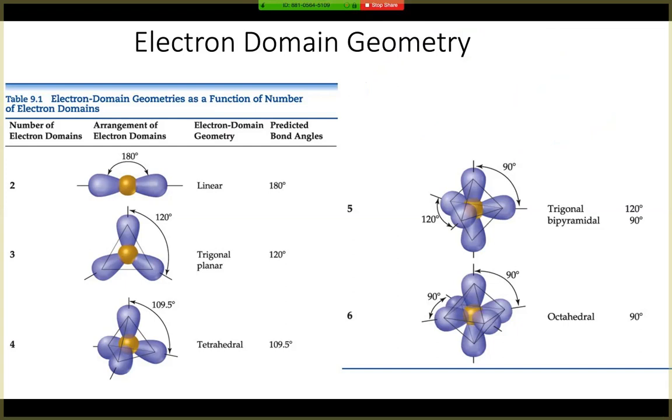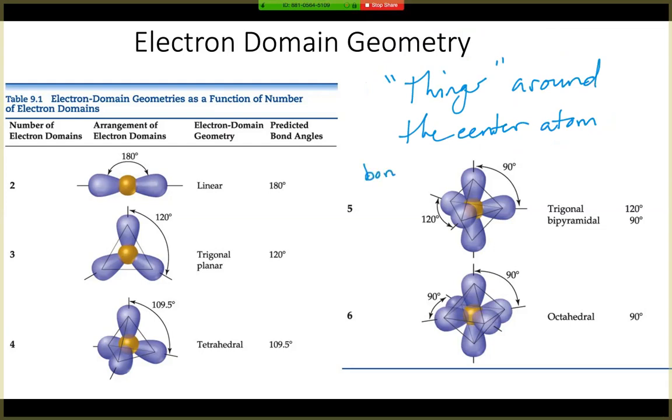So what do I mean by electron domains? The way I've always phrased it is just things around the center atom. I put things in quotes because it can either be a bond or a lone pair.